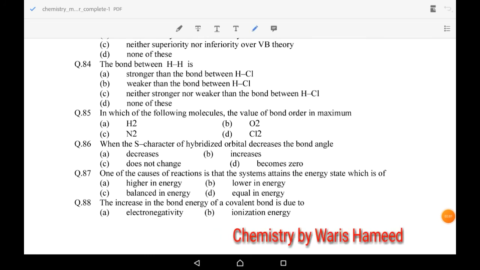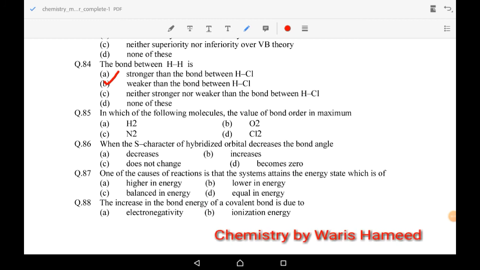So its correct option is B. In which of the following molecules is the value of bond order maximum? We know that N2 has 3 value, Cl2 has 1 value, and oxygen has 2 value. So C option is correct, N2.